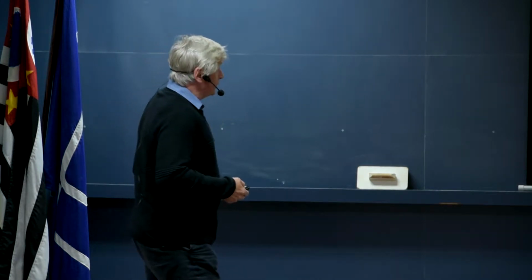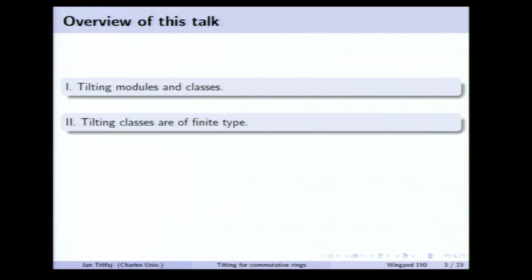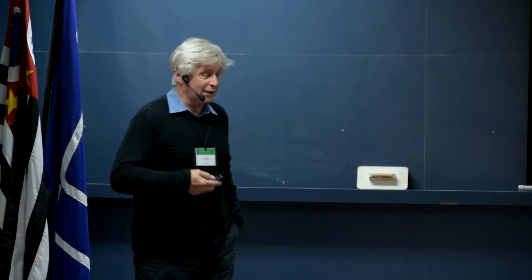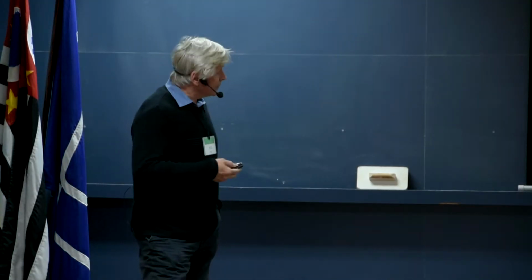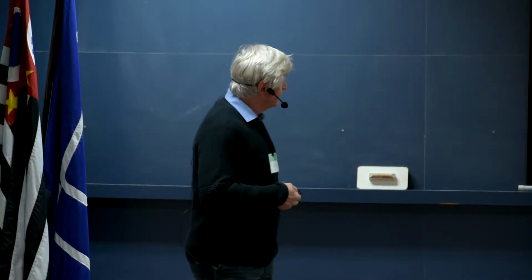So the talk today will consist of several, I think 4 parts. The first is just the modules and classes to be introduced. And then there's a major result which says that though the modules are infinitely generated in the interesting cases, the classes can be defined using finitely generated modules.